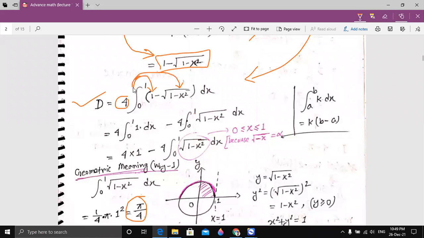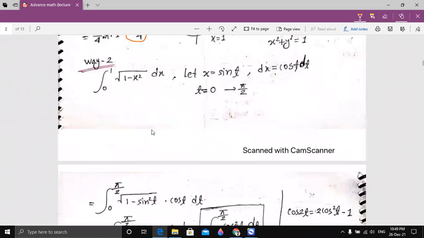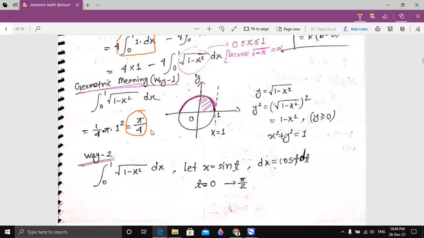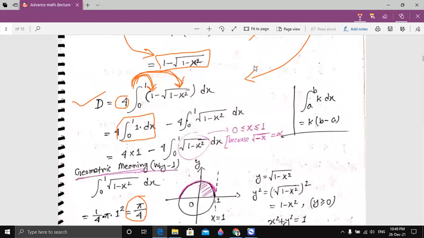So you see here, I can divide the integration sign into 1 and root over 1 minus x square. This part we calculate here. Where is that? Okay, maybe I can calculate here.